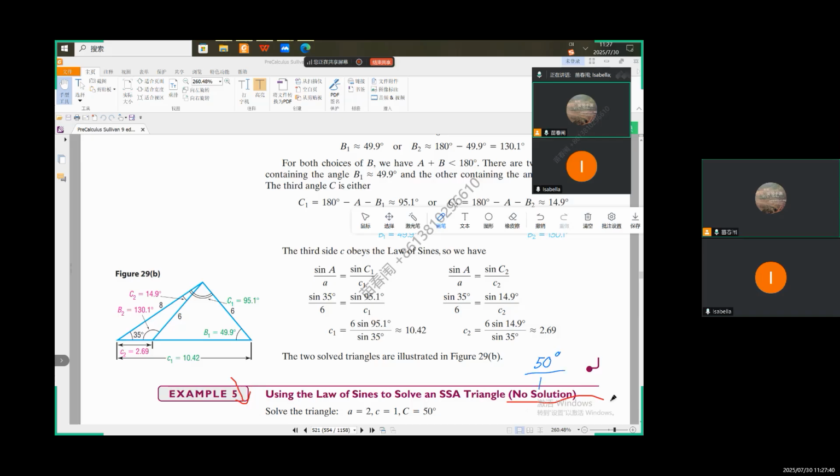You can just fill it in. Sine 50 degrees over 1 equals sine A over 2. Let me calculate sine 50 degrees. Okay, 0.766.